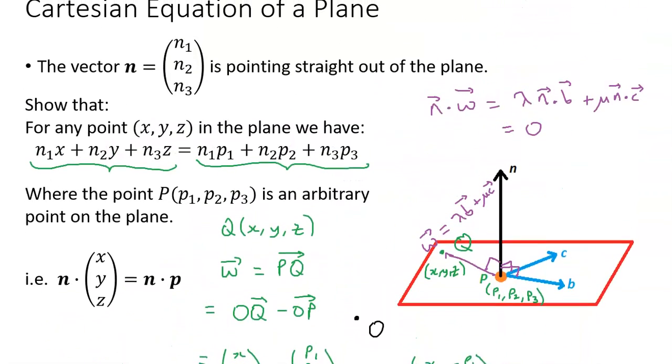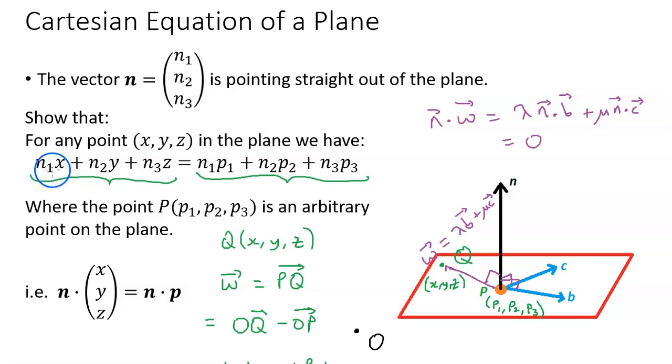So you might wonder, what's the point of all this? Why do we have this n1x plus n2y plus n3z equals n1p1 plus n2p2 plus n3p3? What's the point of that? Well, now we have our Cartesian equation of our plane. The numbers ni and pi for i in 1, 2, 3 are all constant.